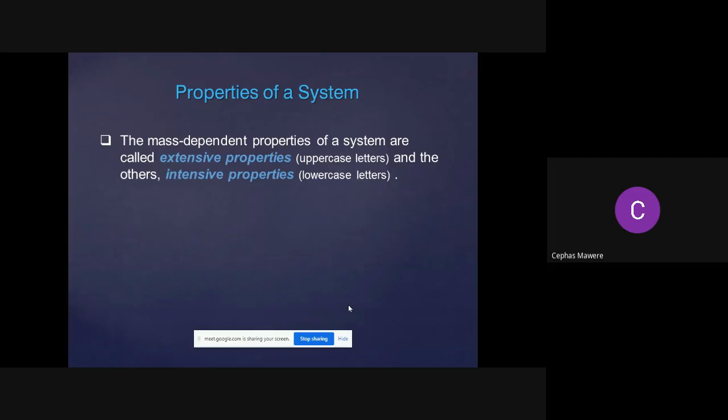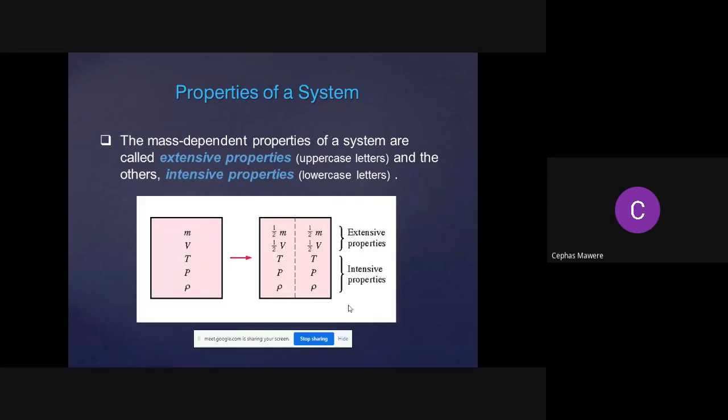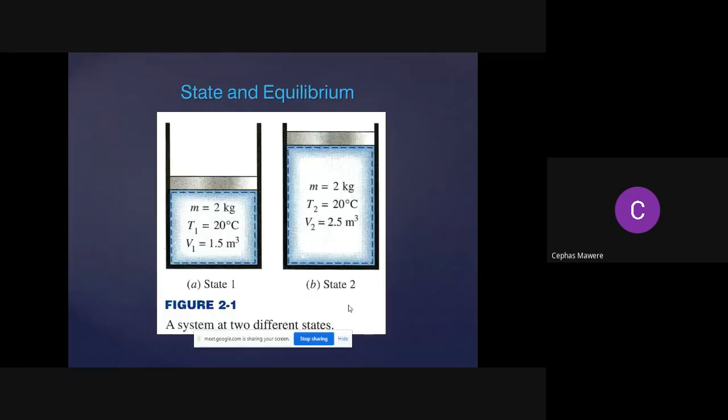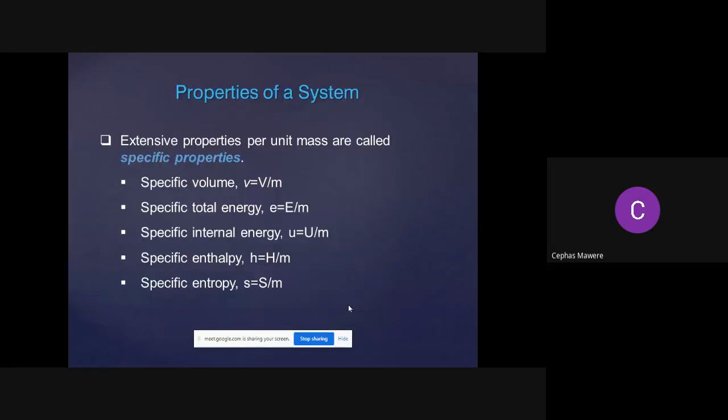They can be extensive properties, or they can be intensive properties. Okay, right. So if you are to look at extensive properties, these include specific volume, which is calculated as volume over mass. We also have specific total energy, specific internal energy, specific enthalpy, and specific entropy. Okay, right. So that's it for the properties of a system.